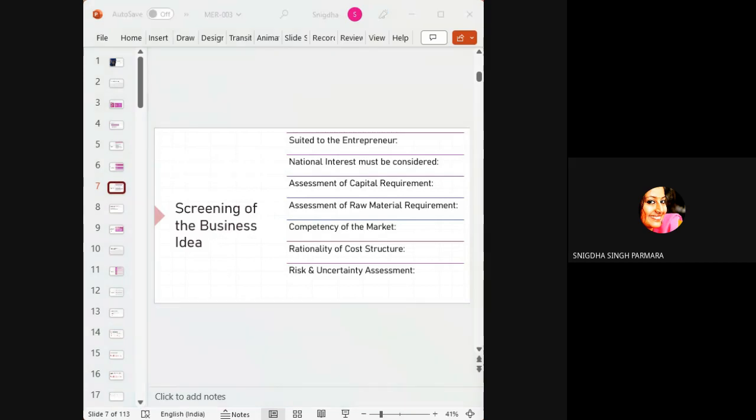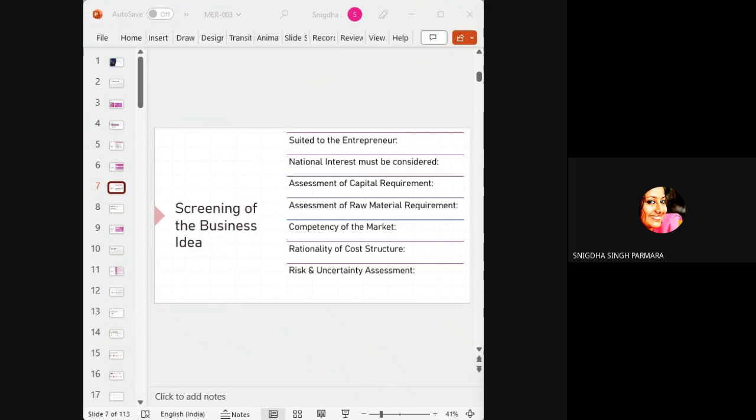Certain ideas could have been received from the sources which are not suitable to the entrepreneur itself. For instance, it would require some specialization, some special abilities. It is not accessible to them. It might not offer some prospects for rapid growth or high return.